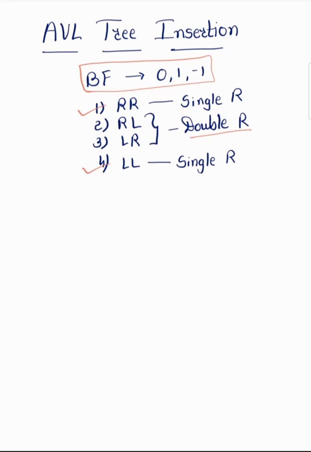If it is left of left, then we apply LL rotation. If it is right of right, then we apply RR rotation, right? And as I told you earlier, in LL rotation we rotate the critical node towards the right, and in RR rotation we rotate the critical node towards the left.